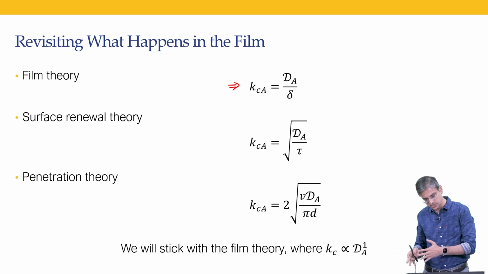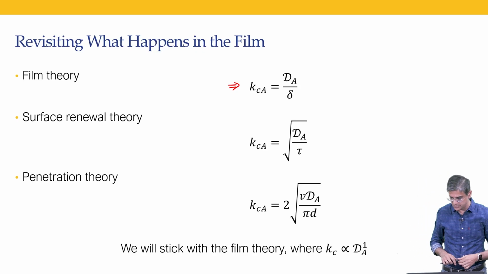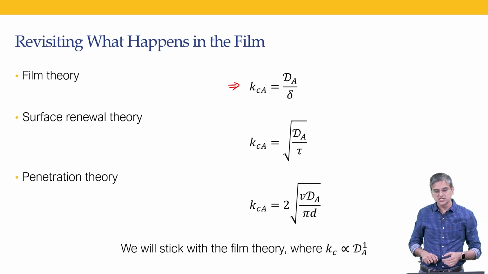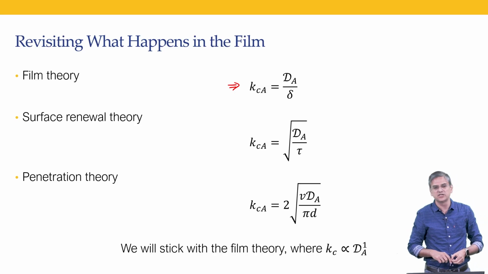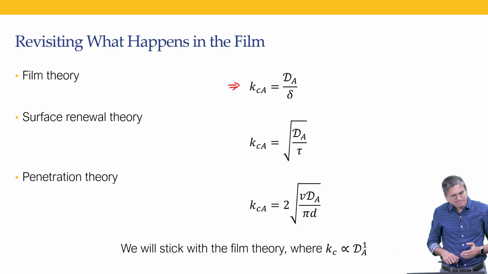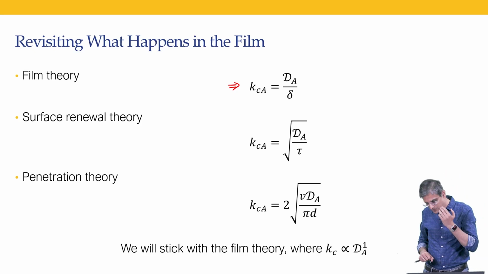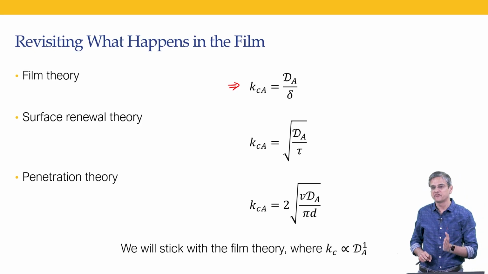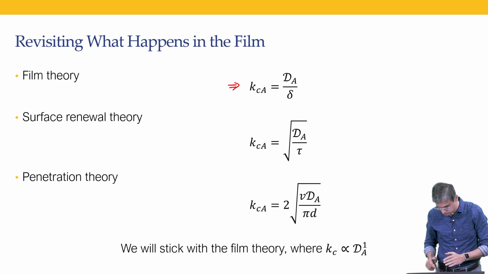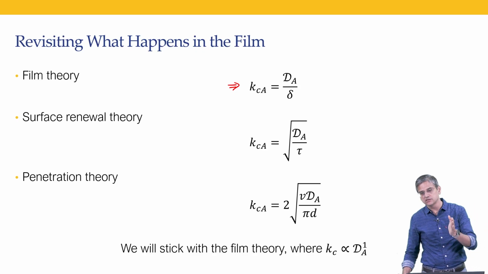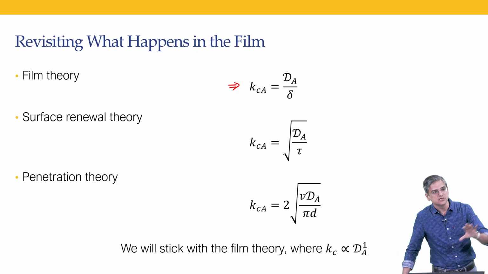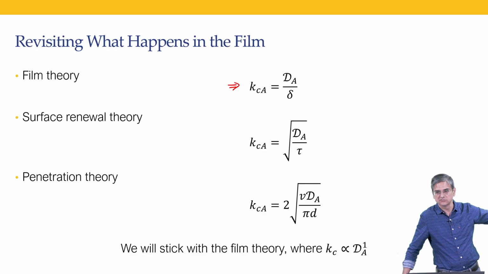If you do that analysis, you will get dA divided by tau. How does penetration theory work? Not exactly right, but you can think of this as pi d divided by V being some kind of a time constant.